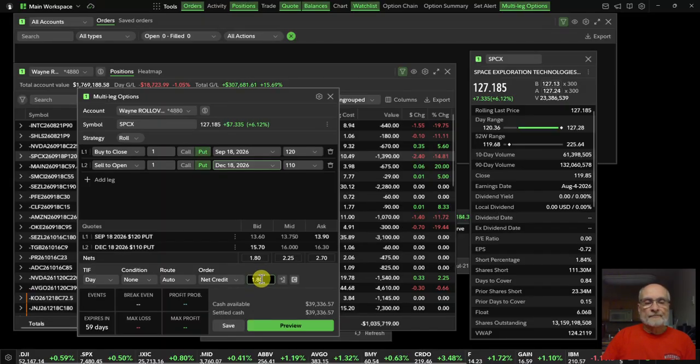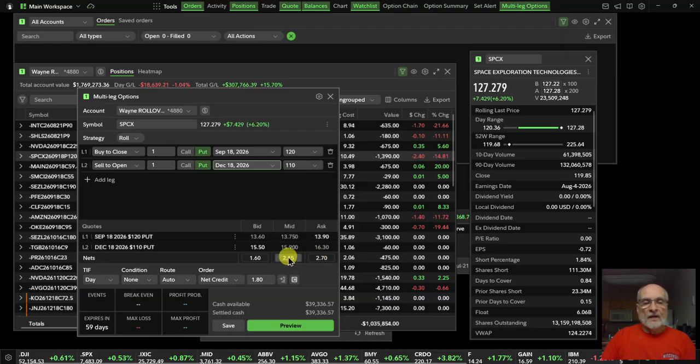If I look at the current status of the bid and the ask, somebody is saying that they're willing to accept $1.40. Somebody else is saying they want 270, and the midpoint is 215.